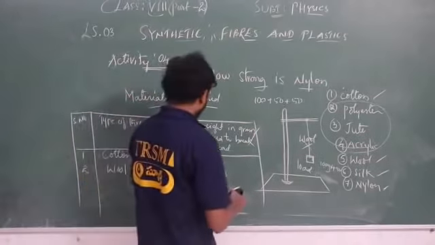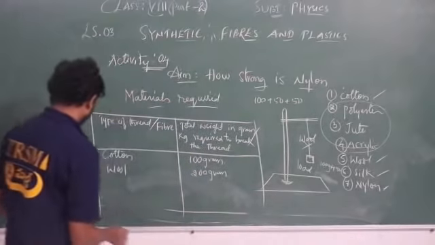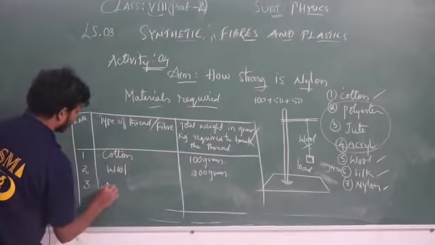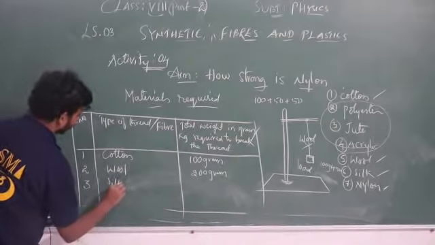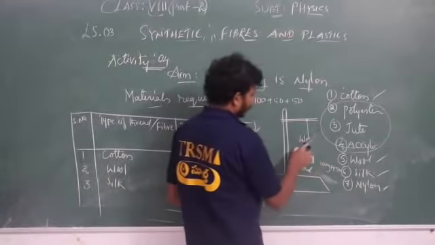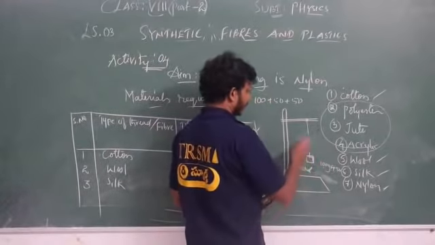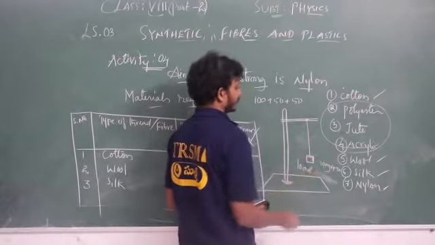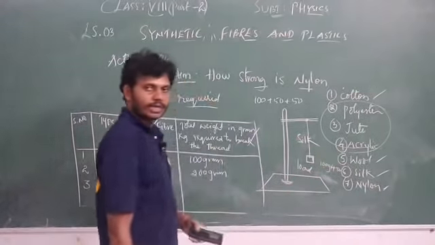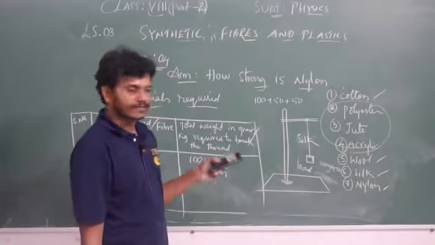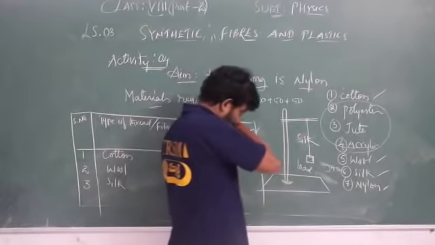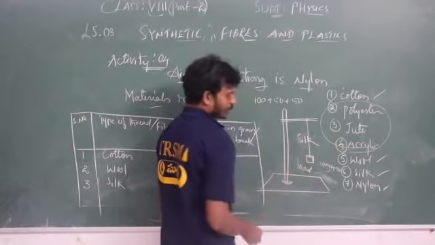Now, in the third attempt, I have taken silk. This is the other fiber. Do you know, silk is our natural strongest fiber. Now I added 100 gram to this first.